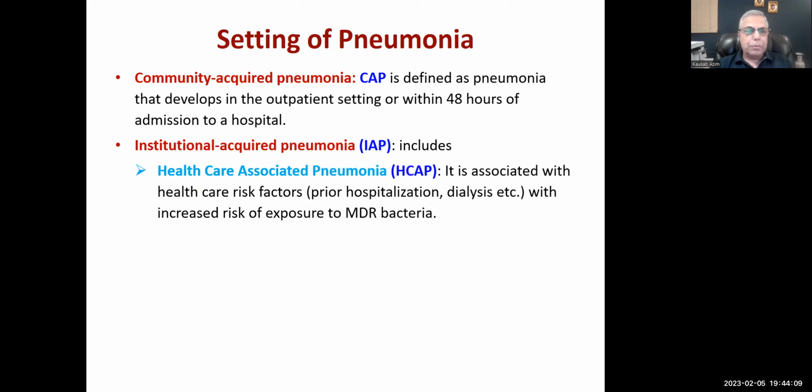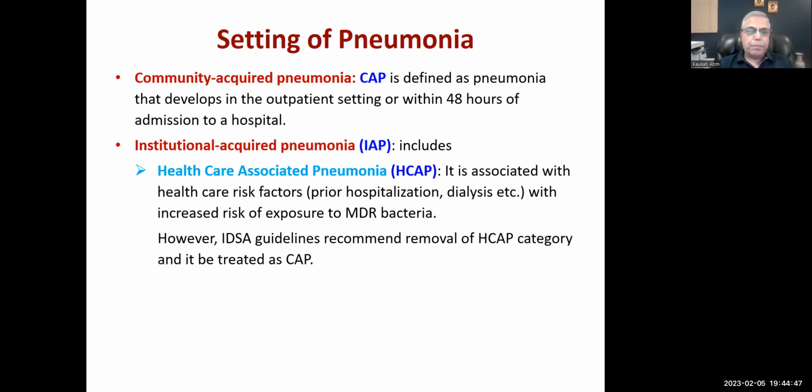Institutional acquired pneumonia includes healthcare associated pneumonia. It is associated with healthcare risk factors, which means prior hospitalization, dialysis, with increased risk of exposure to multi-drug resistant bacteria, right? So healthcare associated pneumonia could be associated with places where old people live, or a person who has been previously hospitalized, was discharged and after some time developed pneumonia, or had dialysis because of chronic kidney disease and later on developed pneumonia, okay?